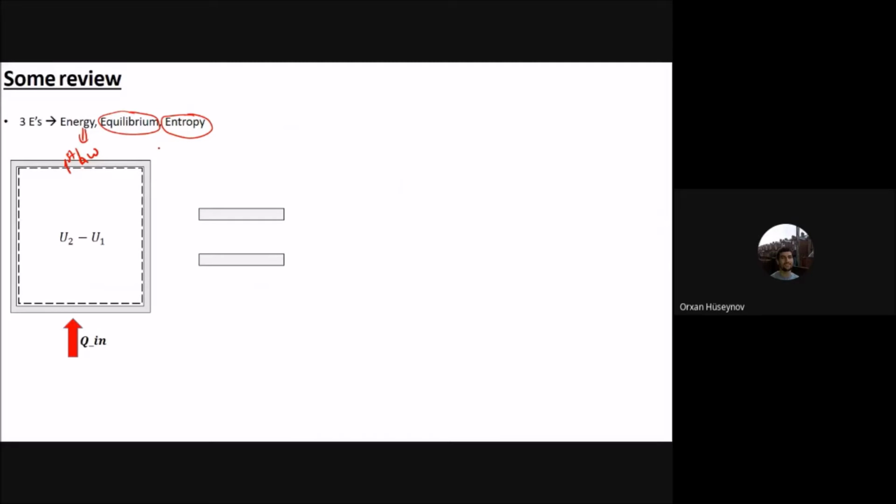And here we have a heat transfer. This is a simple example. There is a heat transfer to a rigid container. You can see that the boundaries of the container do not move. If I write the first law, it says that the internal energy plus kinetic energy and potential energy change of the system will be equal to total in to that system minus total out from that system.